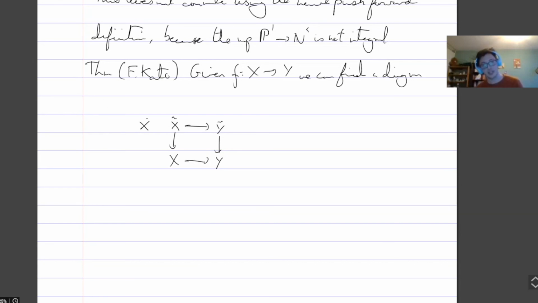You need to actually extend it slightly for what we want. You need something which lives over here. So here you have f, here you have f tilde. Let's call this map pi Y, and let's call the others pi Y tilde, pi X bar, pi X tilde. So you can arrange it so that f tilde is integral, and all of these pi's are log blowups.